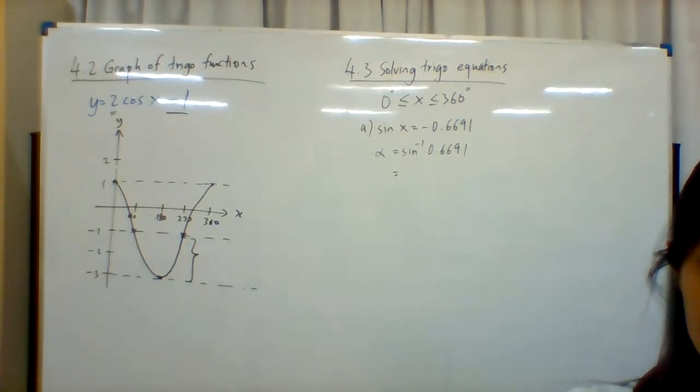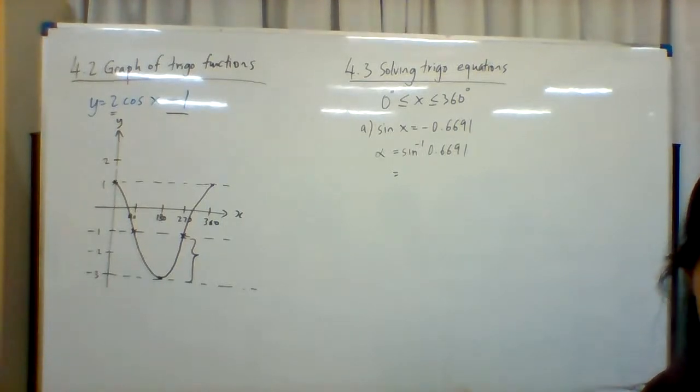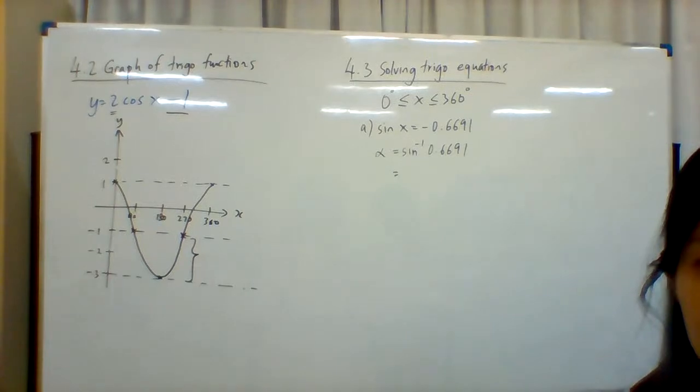Okay? The baseline is at negative 1. And then usually the amplitude is just 1, so it's negative 2. But because now you have the 2 in front, it means the depth of it is 2. Okay, everybody clear?